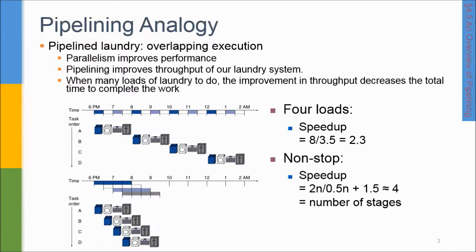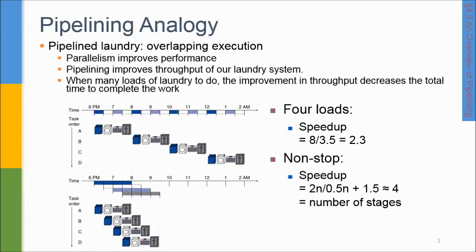In a laundry system, the non-pipelined approach is that first you place one dirty load of clothes in the washer. When the washer is finished, place the wet load in the dryer. When the dryer is finished, place the dry load on a table and fold.